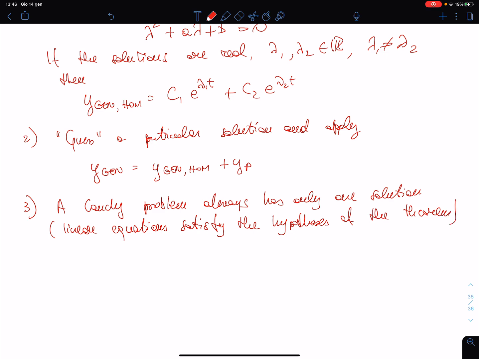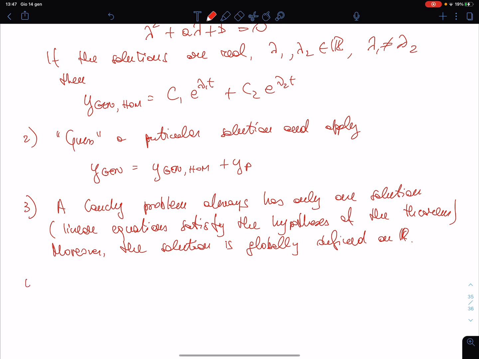And moreover, we saw in these cases, and it is a general fact, the solution you find is global, globally defined on R, not only in an interval. So this is why it is so simple.